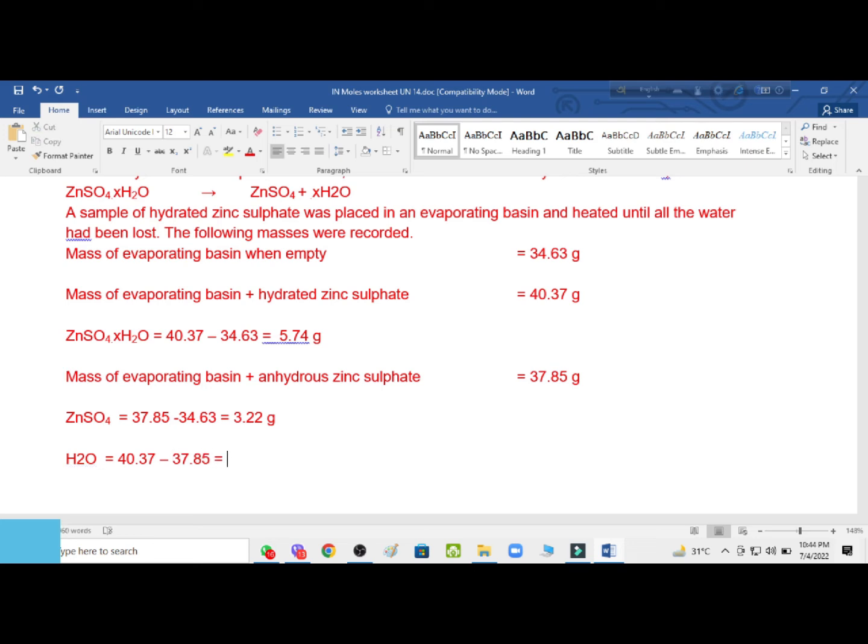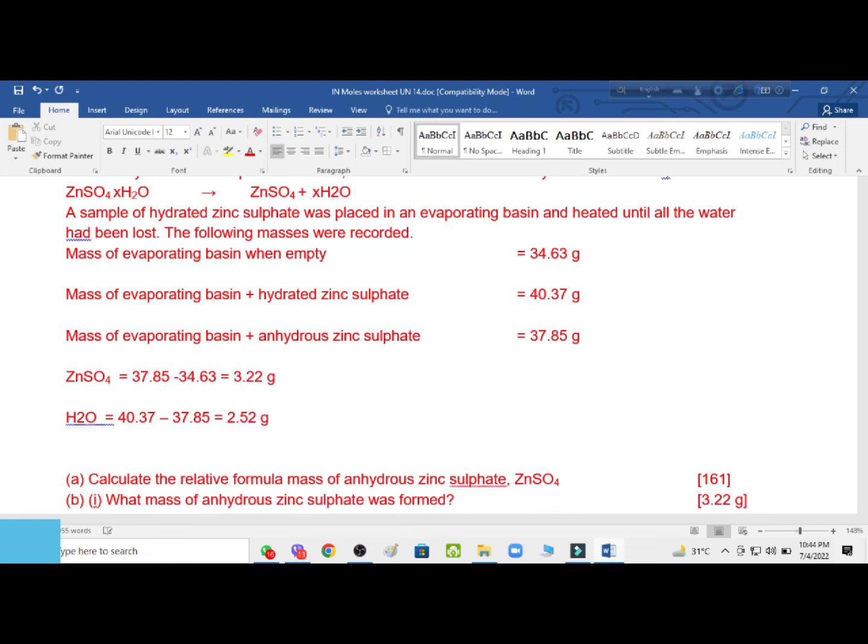So here, 40.37 minus 37.85, I get 2.52 gram. So we are clear. So you don't need this calculation. So we need this too for the calculation.